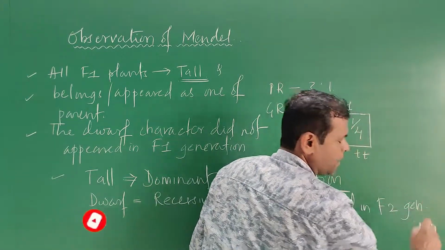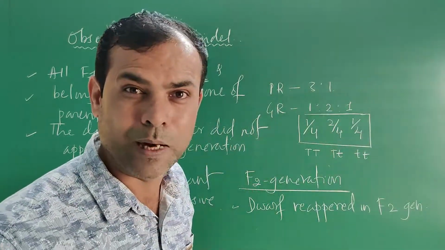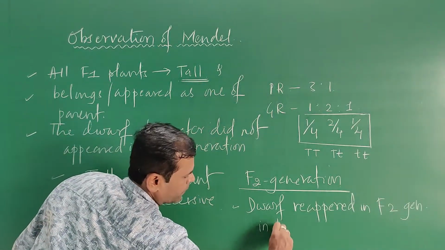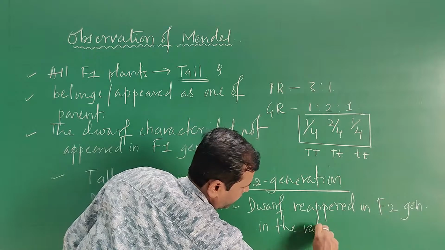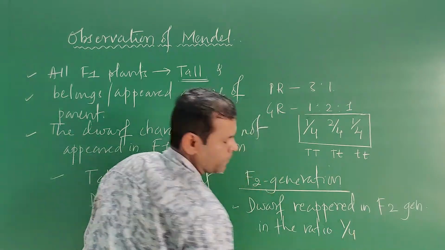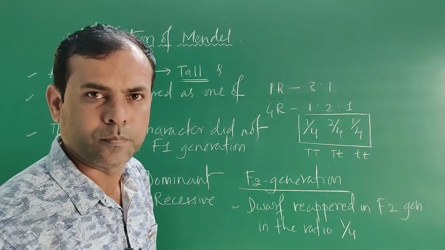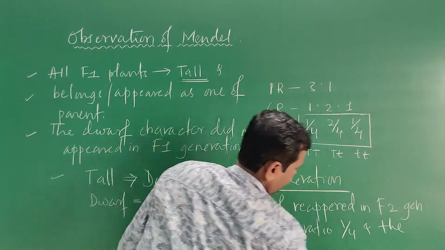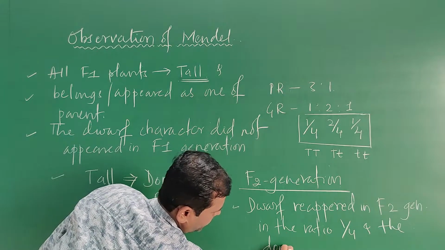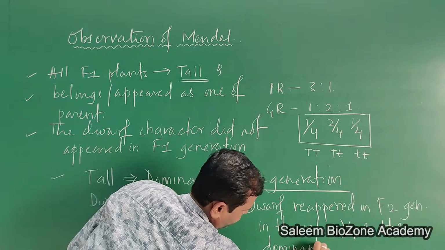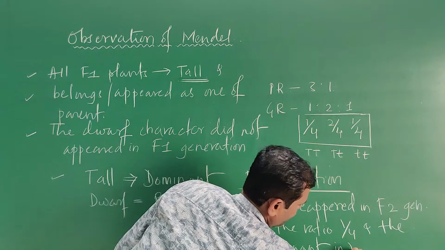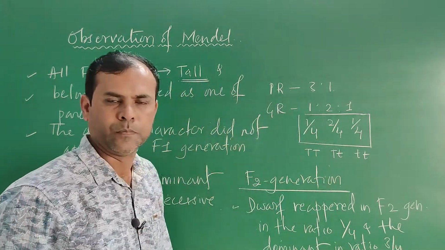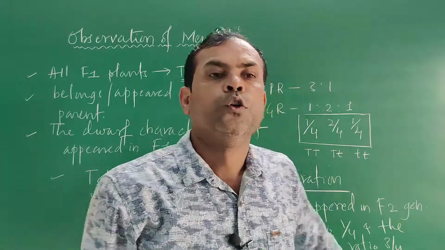Because dwarf disappeared in F1 but reappeared in F2 in the ratio 1:4, and the dominant character appeared in ratio 3:4. Am I right or wrong?